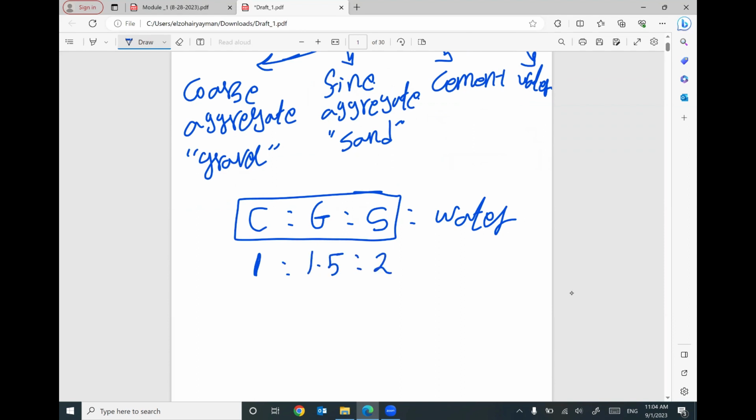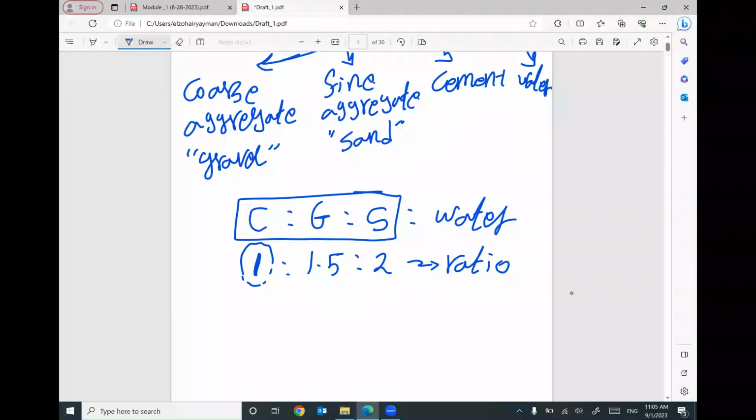That means if you put 1 unit of cement, you have to put 1.5 unit of gravel and 2 unit of sand. That makes sense? So we have to define a ratio between these components. And we have to follow this ratio when you are mixing these ingredients together.